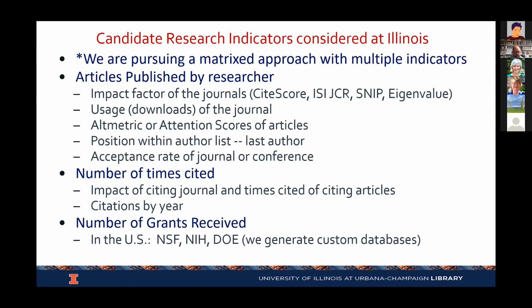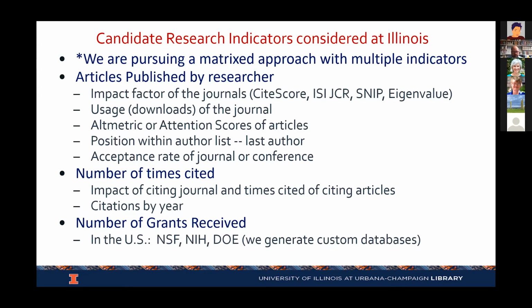The altmetrics or attention scores of articles, and within science and engineering, of course, the position in the author list, the last author usually being the main author of that type of publication. And also the acceptance rates of journals or conferences. The conference acceptance rate is particularly important in computer science fields.